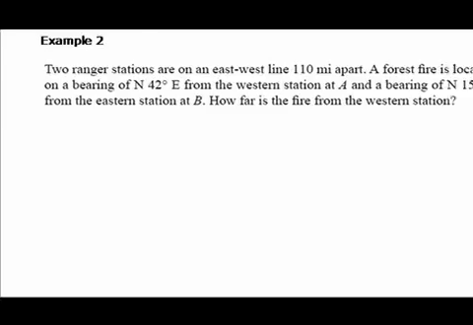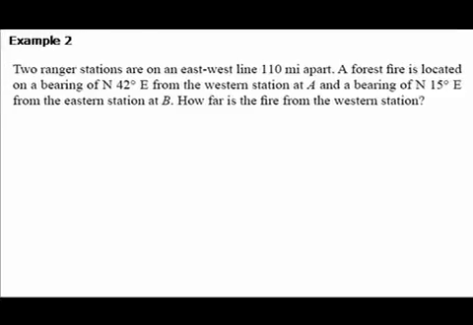Here's a word problem involving the law of sines. It says two ranger stations are on an east-west line 110 miles apart. A forest fire is located on a bearing of north 42 degrees east from the western station and north 15 degrees east from the eastern station. How far is the fire from the western station?